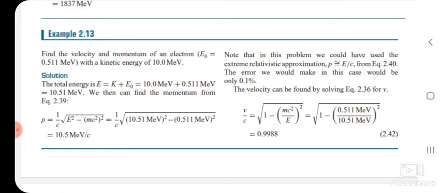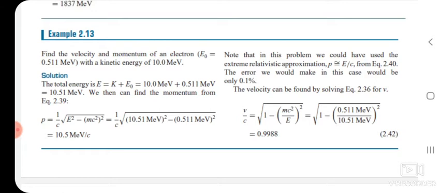Once you know the total energy is equal to square root of (Pc) square plus (m naught c square) whole square, from that we can find Pc is equal to square root of E square minus rest mass energy square. Once you substitute the values for the electron, it gives 10.5 mega electron volt divided by the velocity of light, which is the momentum associated with that electron.